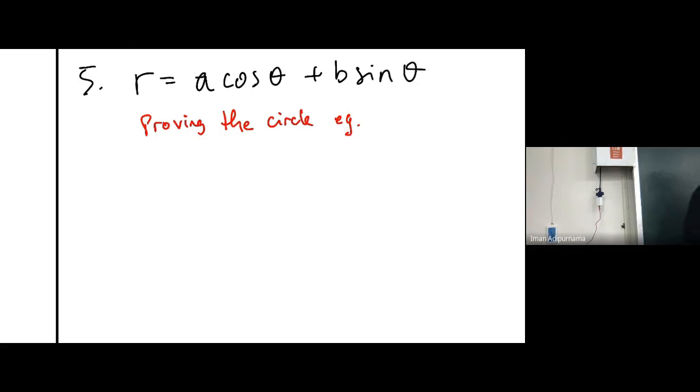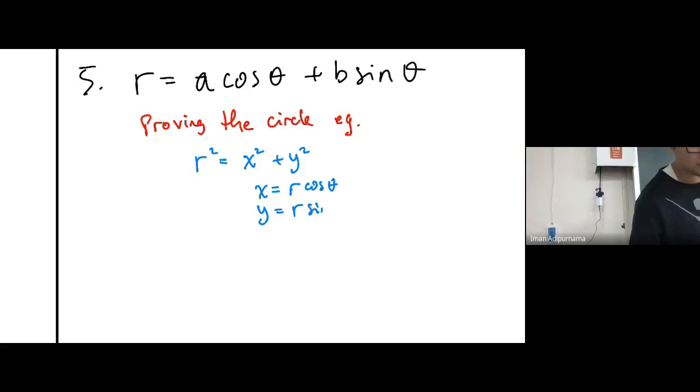But first, if you remember the circle equation, let me write the circle equations. It should be r squared equals x squared plus y squared. And you need to also remember that x is r cos theta and y is r sin theta.